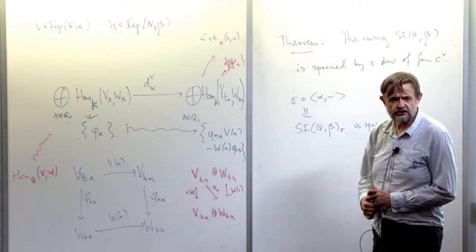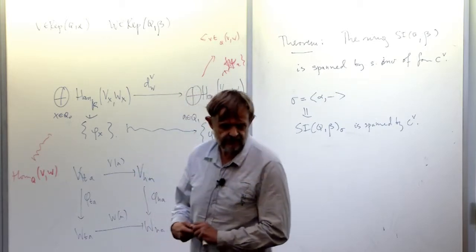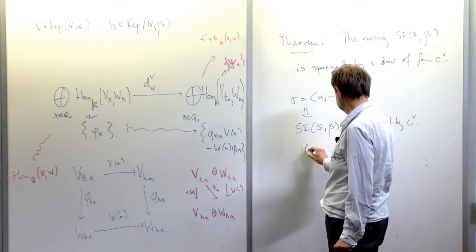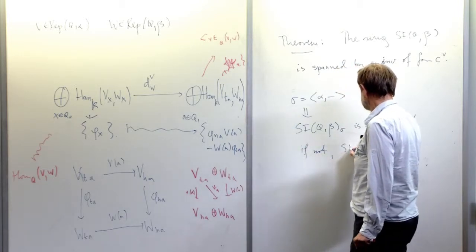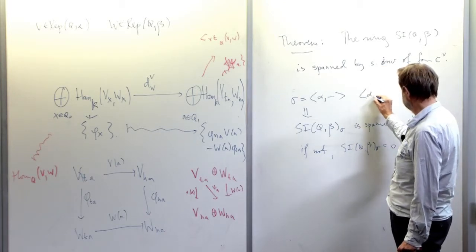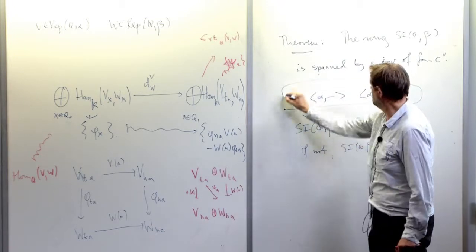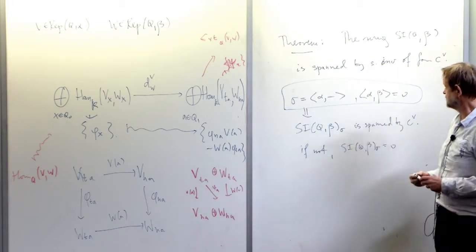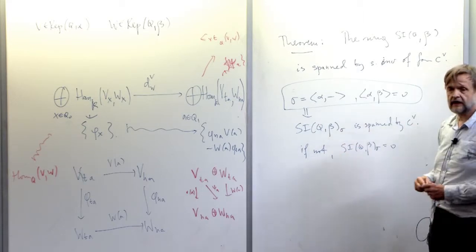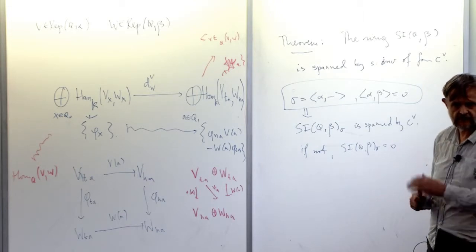If you think about partitions and Cauchy formulas, the boxes wouldn't add up if there were no orthogonalities. So it's spanned by C_V if alpha beta, the scalar product, is 0. If not, SI Q beta sigma is 0. All right, that's the statement.